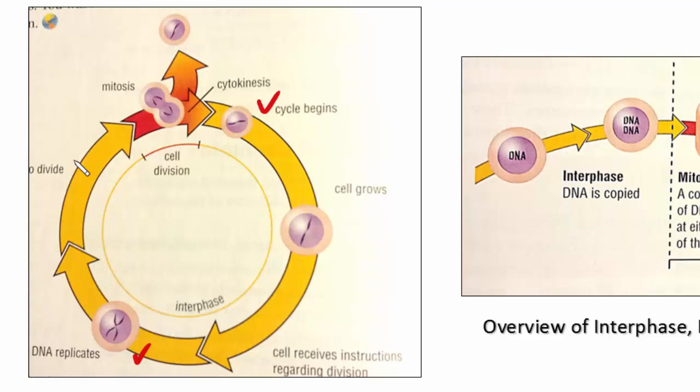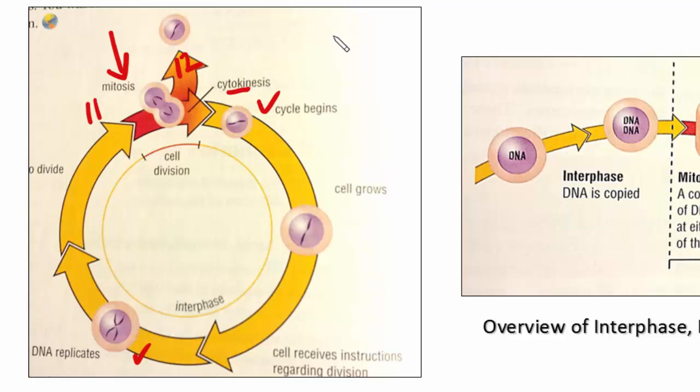Then the cell will prepare to divide, and only when we get up here at like 11 o'clock on the clock thing here, okay, for 1 hour between 11 and 12, let's say, that's when mitosis will occur. And as you can see, cell division occurs, and we're going to create two cells, and we're going to split them. And the splitting of the cell is called cytokinesis.